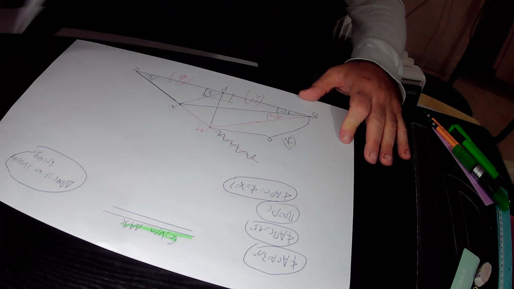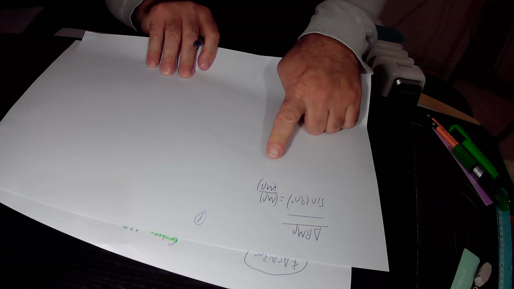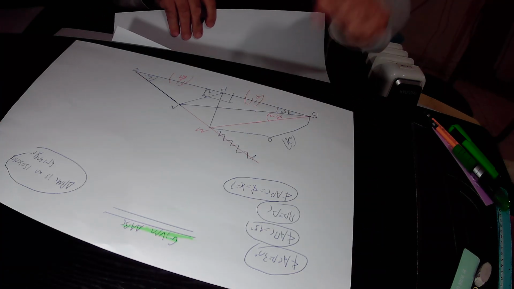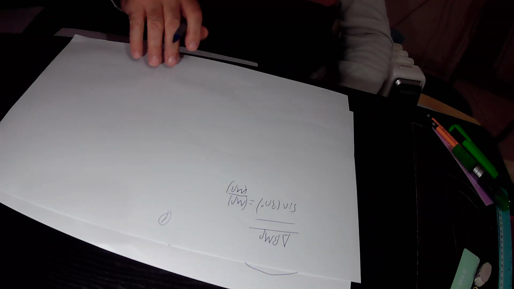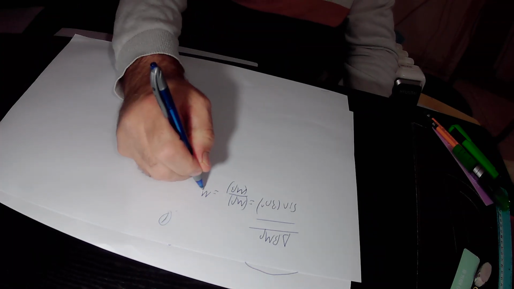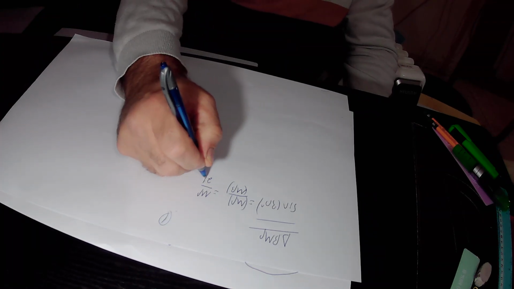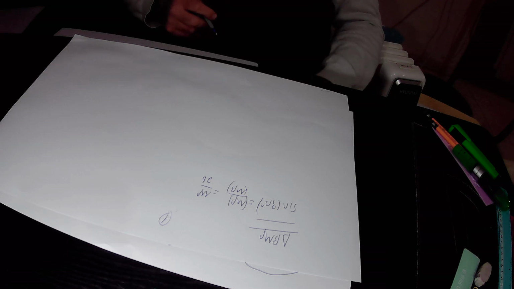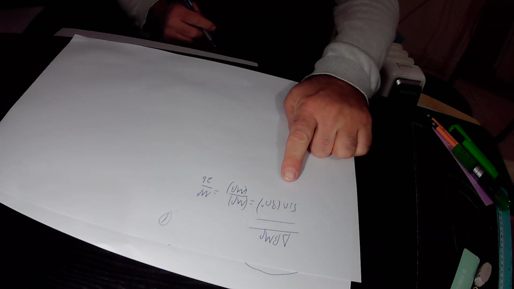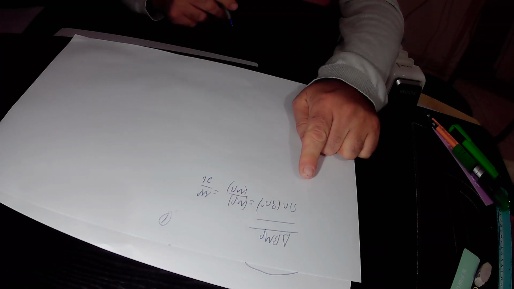So sine 30 degrees equals MP over MB, and MB is 2b. Sine 30 degrees is 1/2.